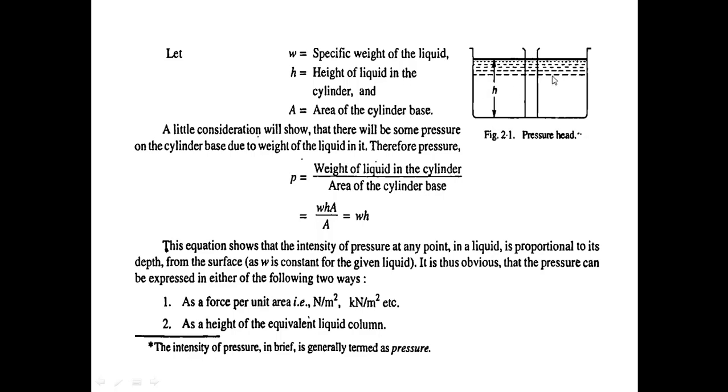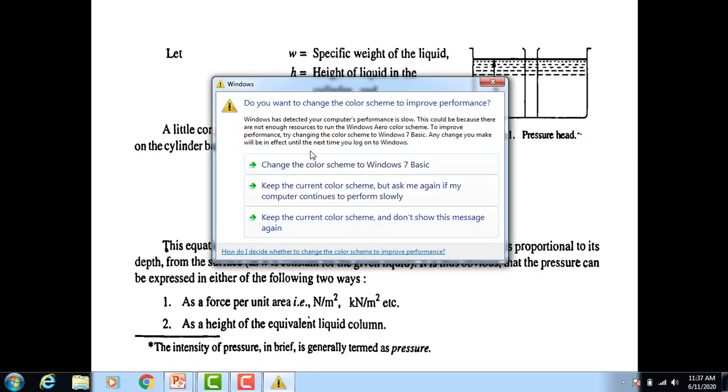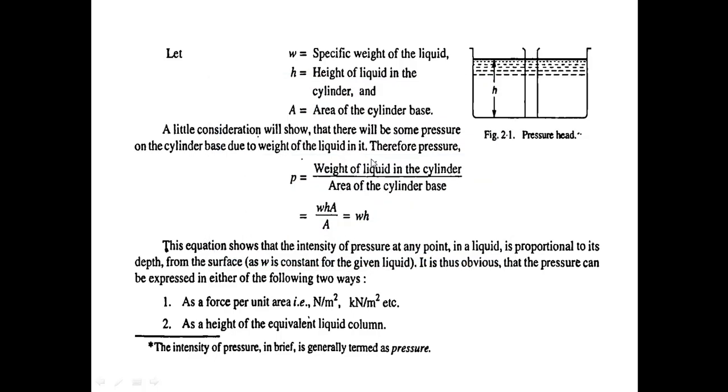So H is the height of liquid in this cylinder, and A is equal to the area of the cylinder base, and A is the area of this cylinder base.